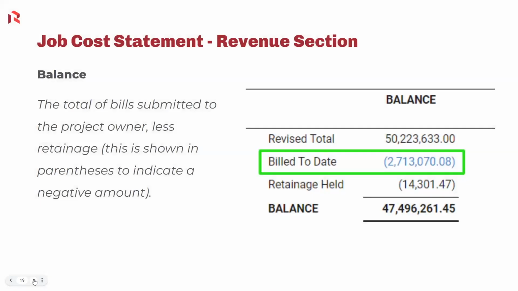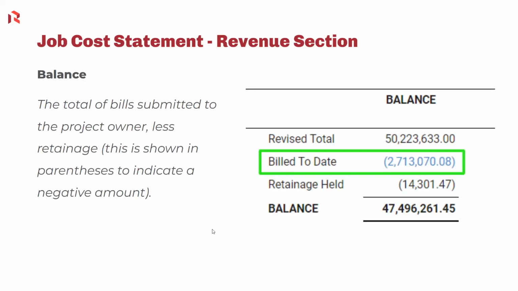The next section is the billed to date. This is the total of any bills that have been submitted to the owner. This figure does not include retainage. Retainage is broken out as a separate line item down below this. And you'll also notice, for those of you that are not accountants, any numbers that are in parentheses indicate a negative number.